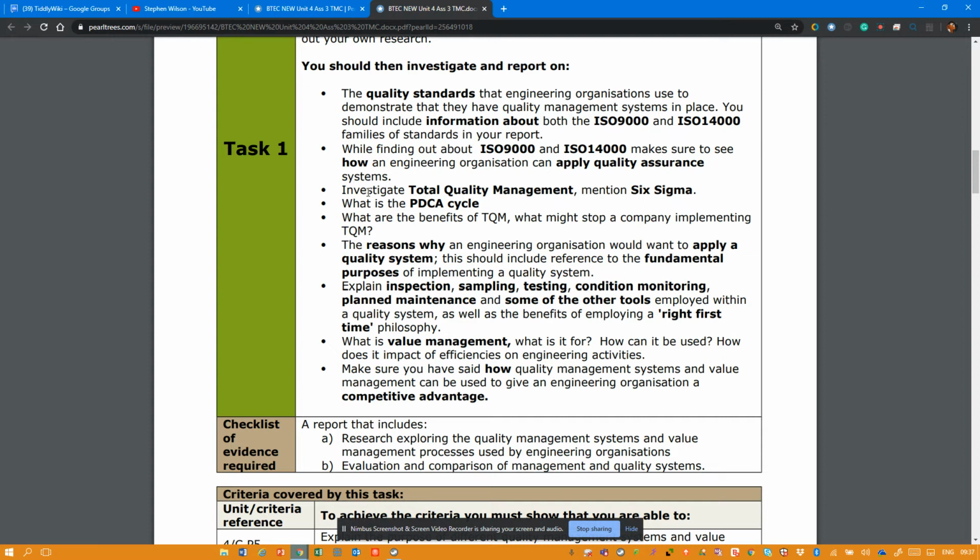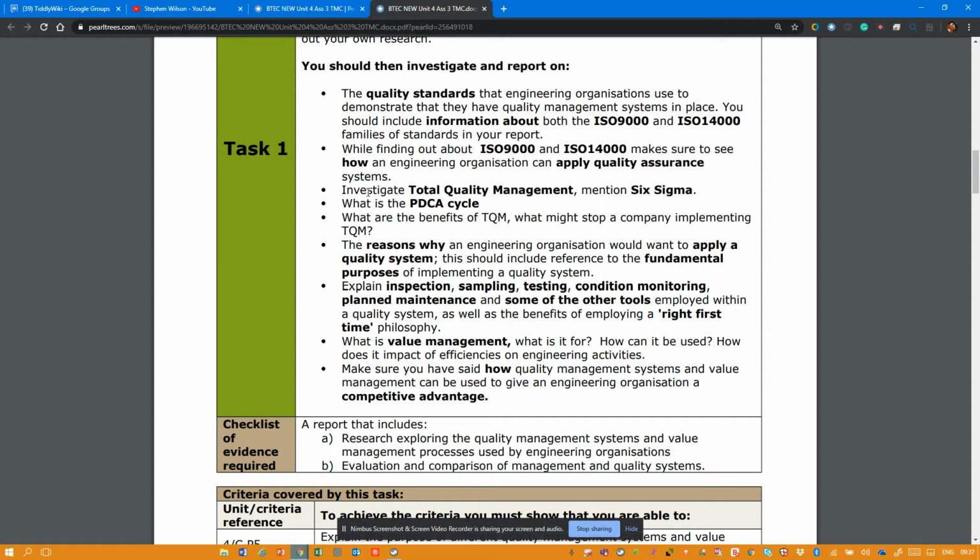Total quality management looks at the entire business from management through to the cleaners, from top to bottom, and affects everyone. So it needs to come with a change of attitude and a change of way of thinking about your work. So it's kind of embedded from top to bottom.